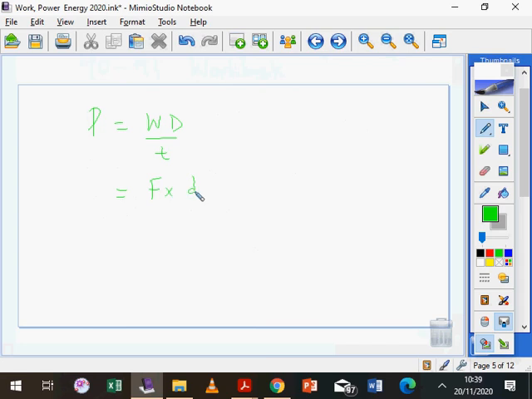Displacement divided by time is velocity, so power can also be written as F net times V. The units for power are watts.